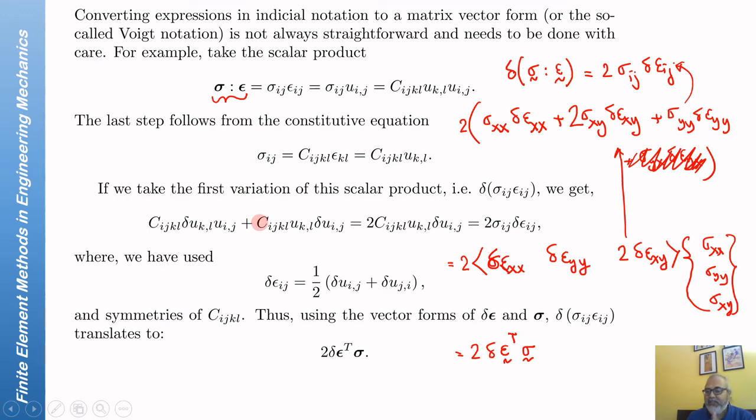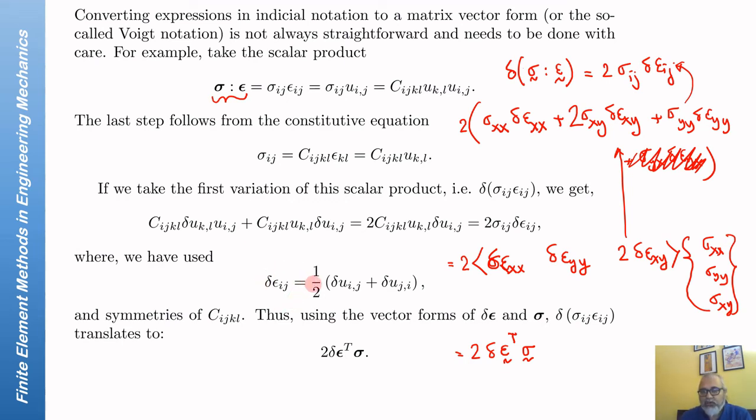That is one thing. The other thing that is important is that the definition of the first variation of the strain or some strain-like quantity may not always be obvious from the strain displacement relation, and if we go through these steps, we get the correct definition of the first variation of certain quantities.